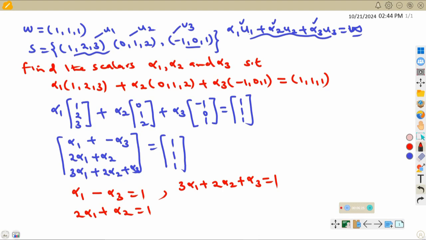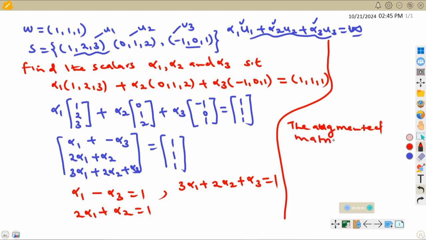If we try the Gauss elimination method, we shall have to get the augmented matrix. So the augmented matrix will be: we shall have 1, 0, negative 1, then this side we shall have a 1.